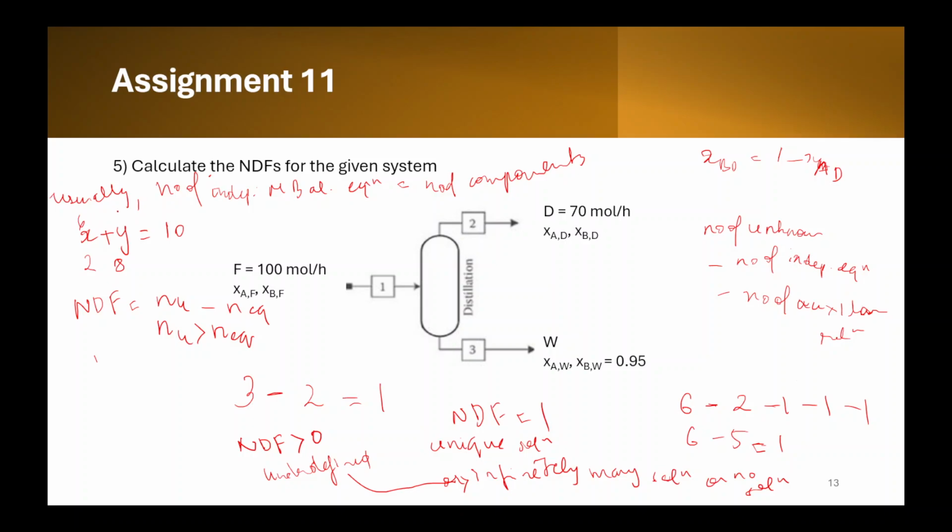If x is 6, then y will be 4. Or if x is 6.1, then y will be 3.9. So there are infinitely many solutions for this system, because the number of unknowns is greater than the number of equations. In that case, NDF will be greater than 0 and it will be an infinitely many solution case.